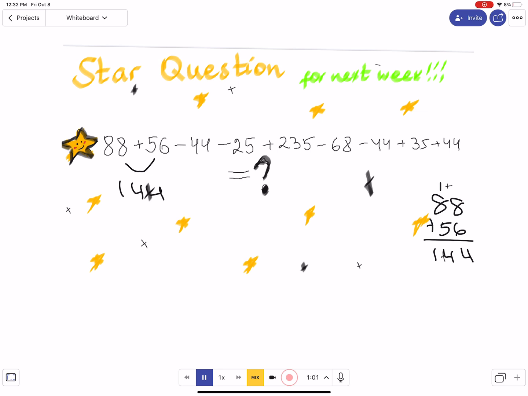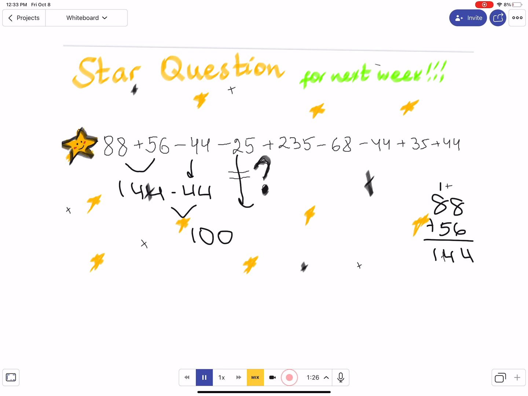Hopefully you can see that, 144, and I know it's kind of covered up. So everybody should be able to see what this is. Okay, so now we're going to keep moving on. The next number, we're going to move it down here. So 144 minus 44 is 100.